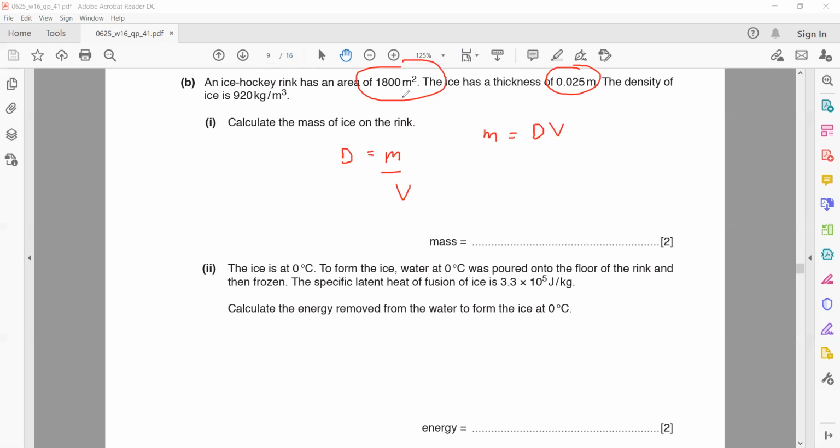So how to get the volume? Volume is area multiplied by height. So density is 920 multiplied by 1800 multiplied by 0.025. So the mass of the ice is 41,400 kilogram.